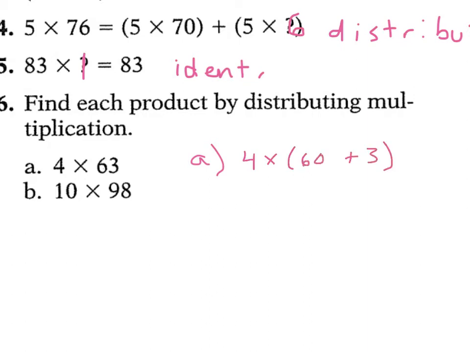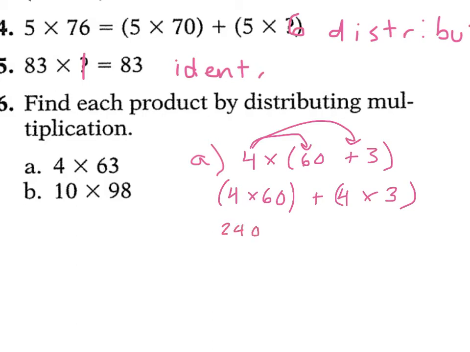And now to solve this, we would need to distribute our 4 to both the 60 and the 3. So we would have 4 times 60 plus 4 times 3. 4 times 60 would be 240, and 4 times 3 would be 12, so 240 plus 12 would be 252.